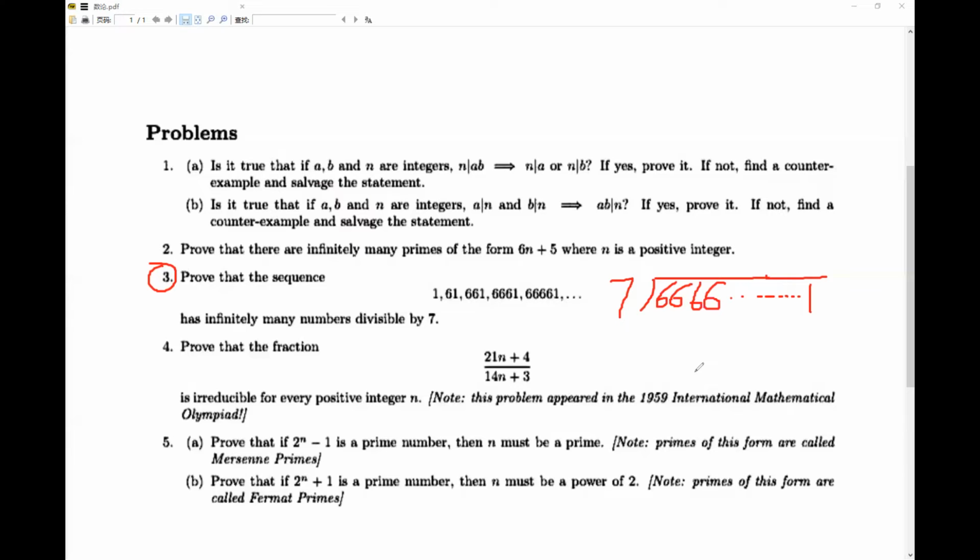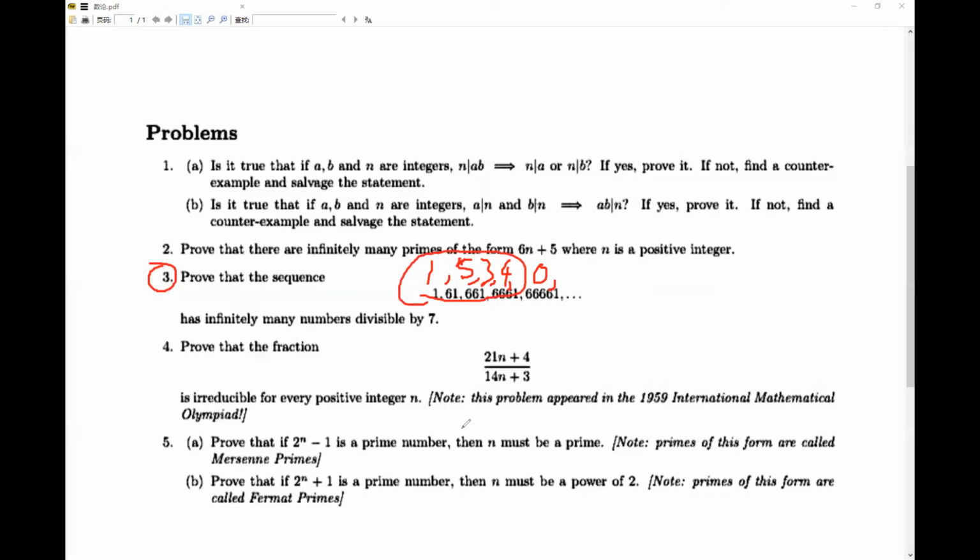I think the pattern is remainder 1, remainder 5, remainder 3, remainder 4, and divisible, so 0. I think it just keeps on going. But what's next after 0? I think it will repeat, but not this way.